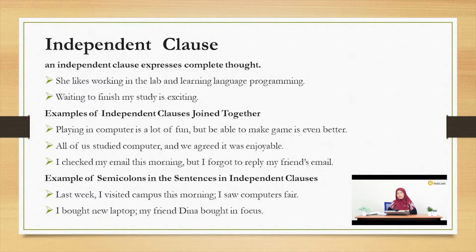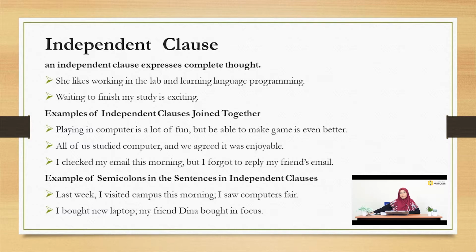The example of a semicolon between independent clauses. So you can also, of course, use a semicolon to join independent clauses. For example, last week I visited campus; I saw a computer fair. Next, I bought a new laptop; my friend Dina bought an InFocus. Sorry, there is a mistake in this sentence.